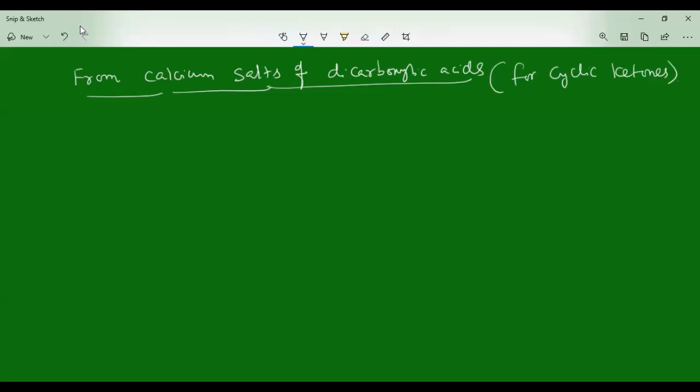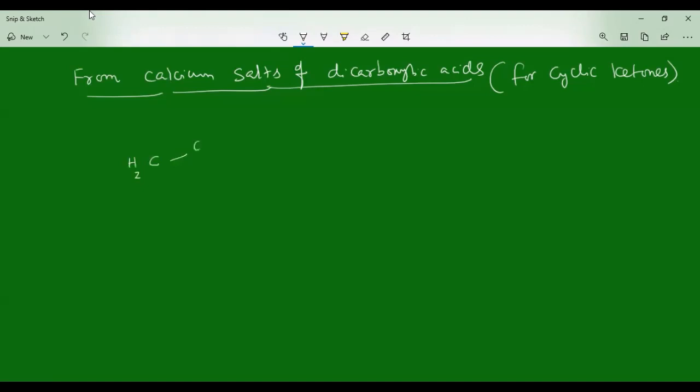So the kind of ketones we are going to discuss in this method is cyclic ketones. The point is that when you have calcium salts of dicarboxylic acids, they definitely form this type of cyclic ketones.